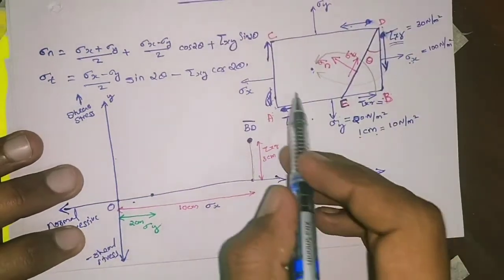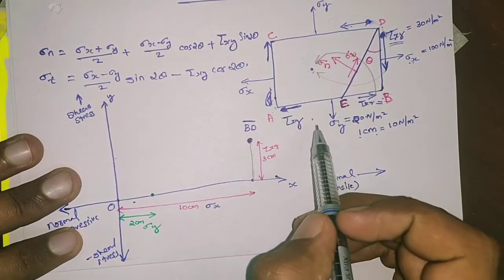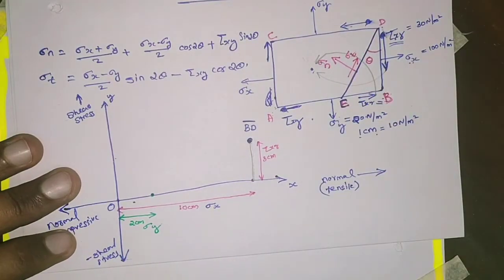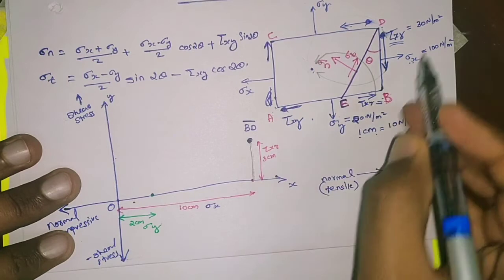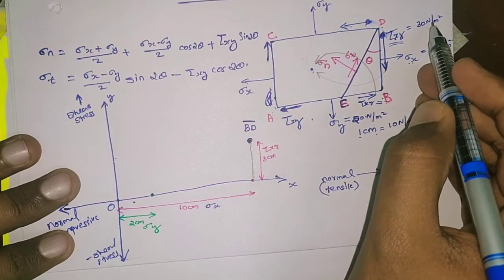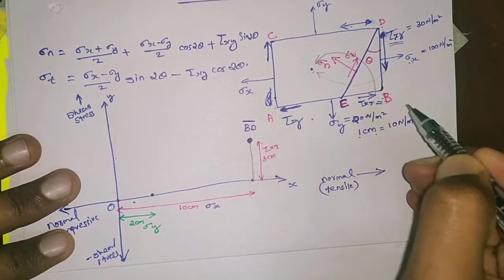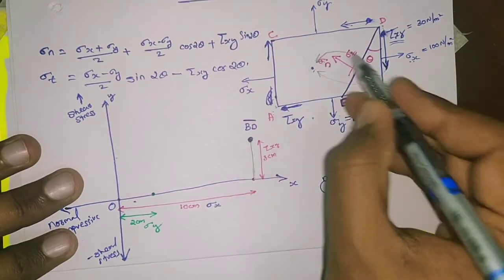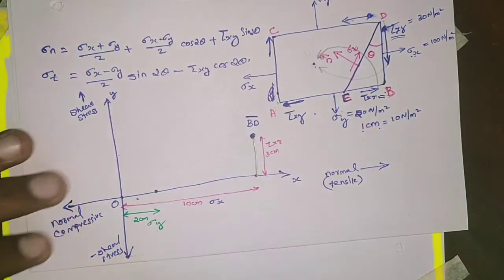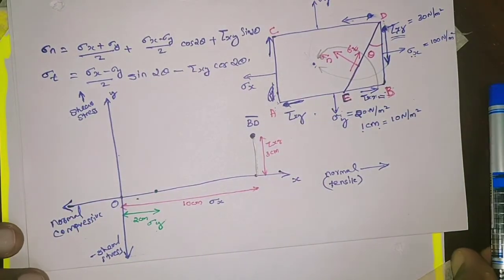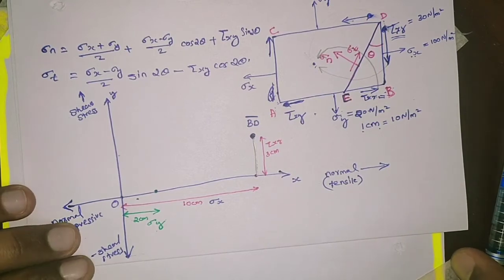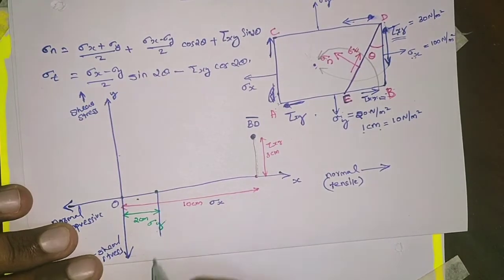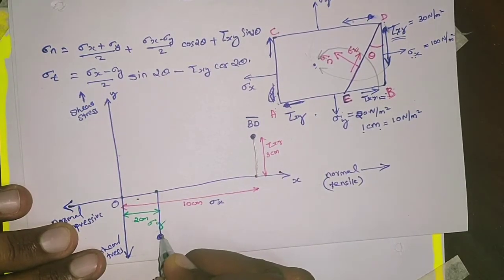So this will also be equal to 30 Newton per meter square, which is 3 centimeter, but the direction is different. The direction is anti-clockwise, so it will be in the downward direction. Anti-clockwise is taken as negative. So draw a line equal to 3 centimeter and mark a point.